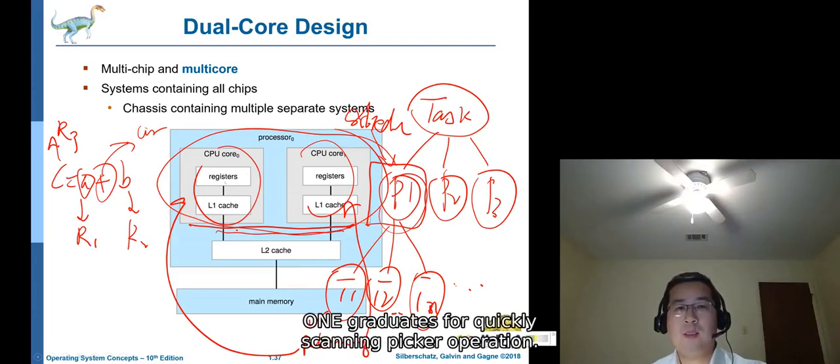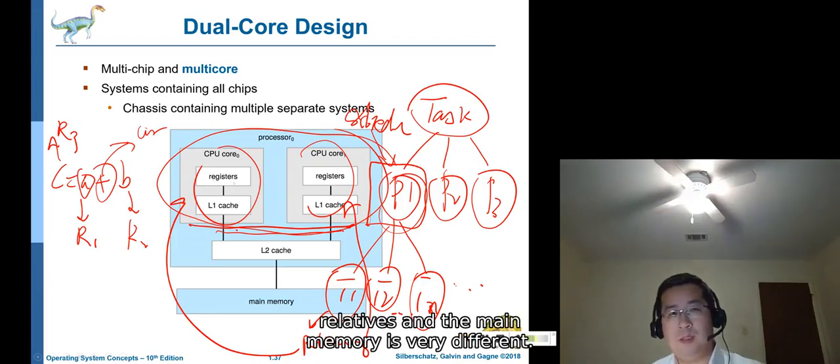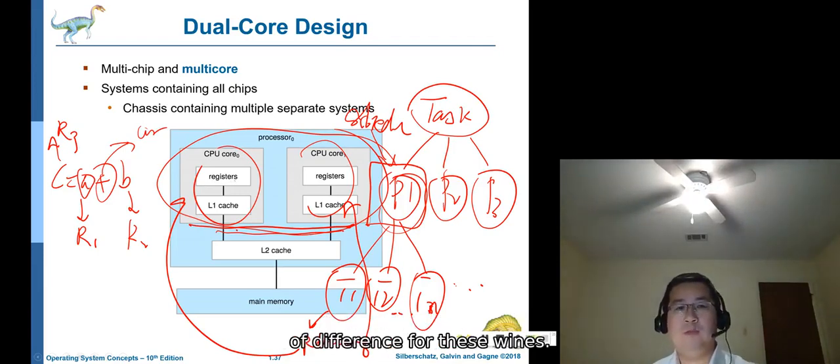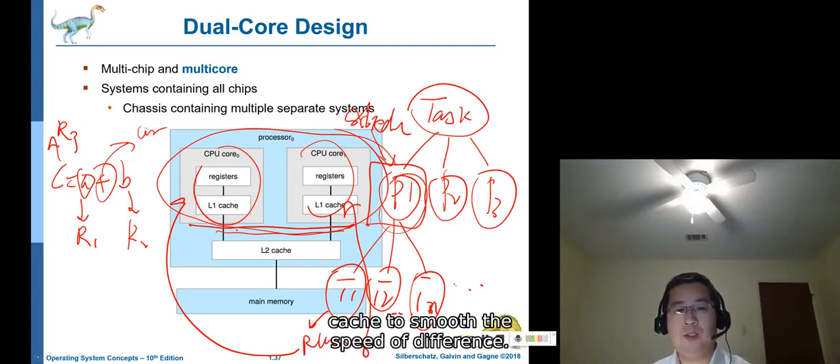So here each core has its own register for quick operation. And then we use an L1 cache for CPU core 0, and another L1 cache for this one. So here we use level 1 and level 2 cache. If the speed between register and main memory is very different, for example this one is 1 and this one is 100, we may need to insert two levels of cache to smooth the speed difference.